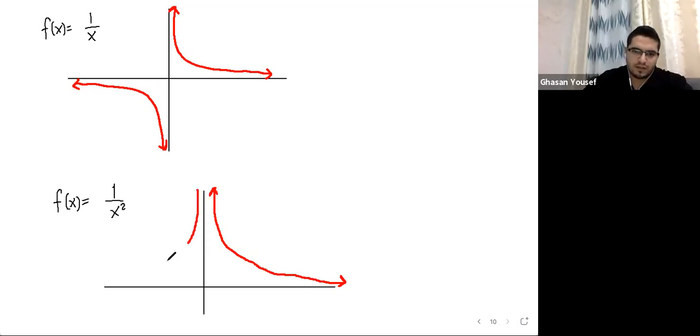And on this side, I can plug in 0 also, but it will give me a positive value like this. So it will be close to 0.